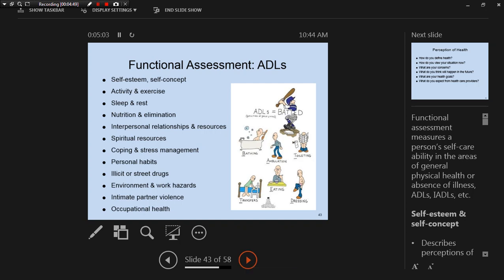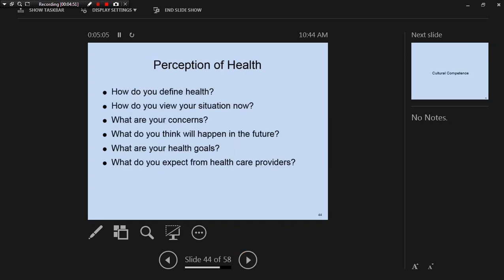And then some things, obviously perception of health, that we're looking at when we're collecting subjective data. How does the patient define health? And we know that that can be a varied picture. For some, it's optimal wellness, whereas for others, it's just that they're able to get to work, that they always have some underlying complaint or health impairment, right?